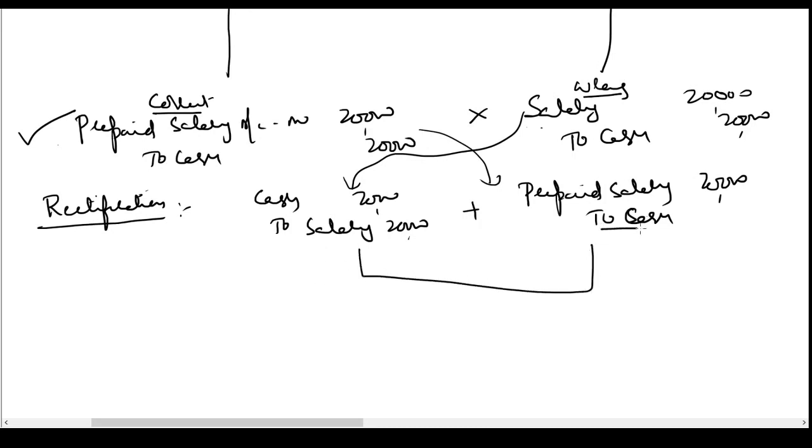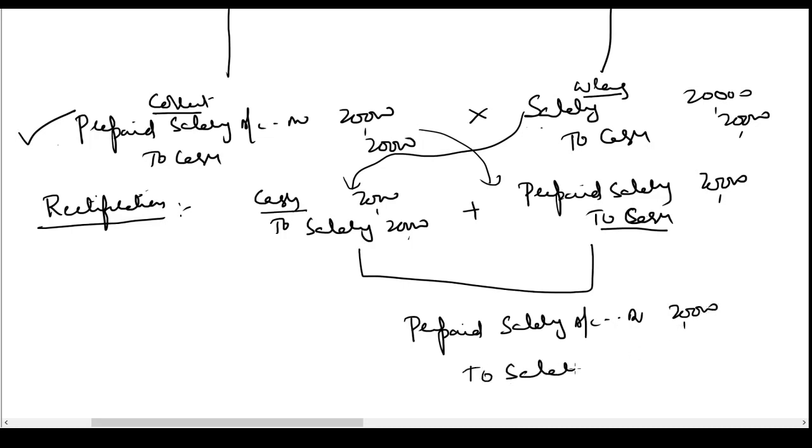Now what will be the sum of these two entries? You have cash debit and cash credit. You need not show them again. The rectification entry would be prepaid salary account debit 20,000 to salary account 20,000. Whereas cash debit and cash credit get cancelled.